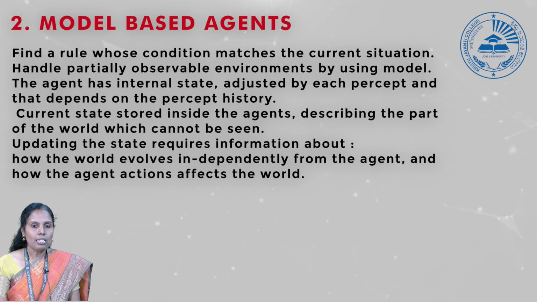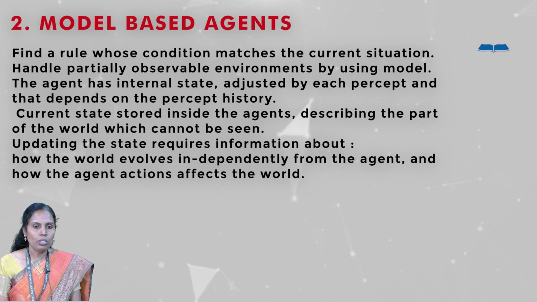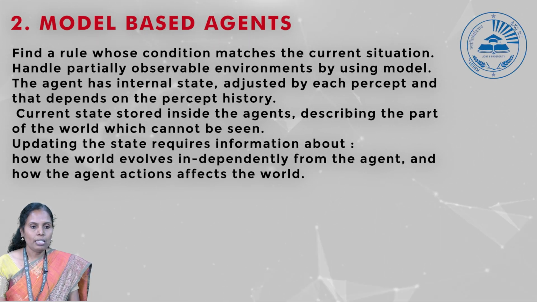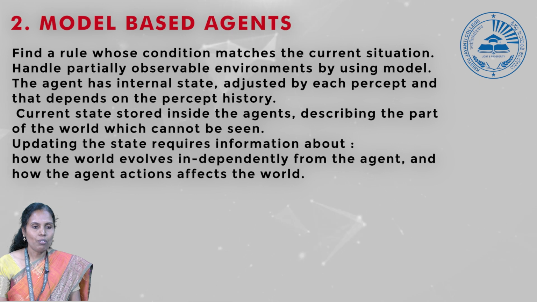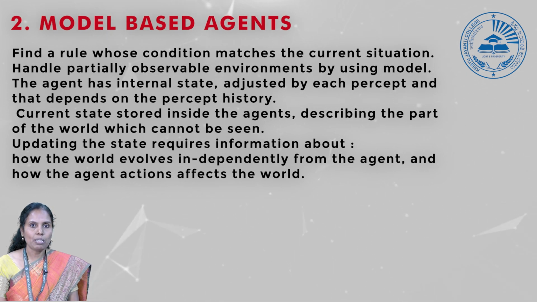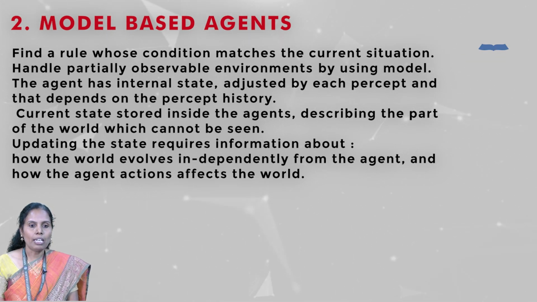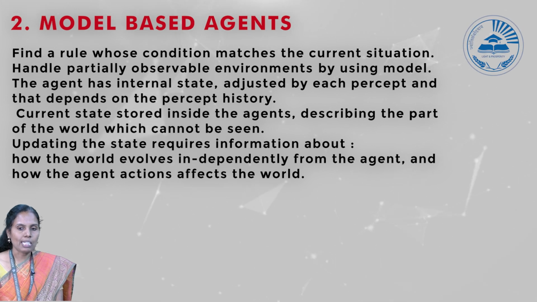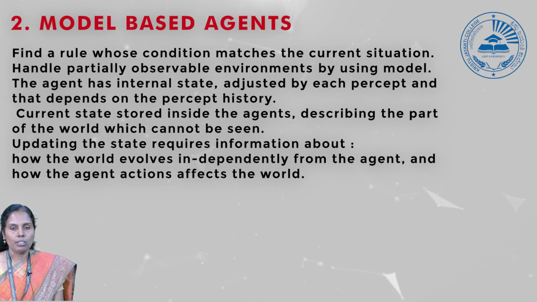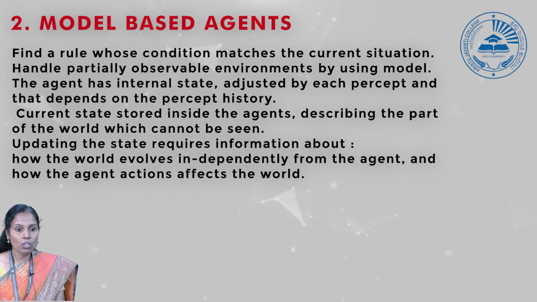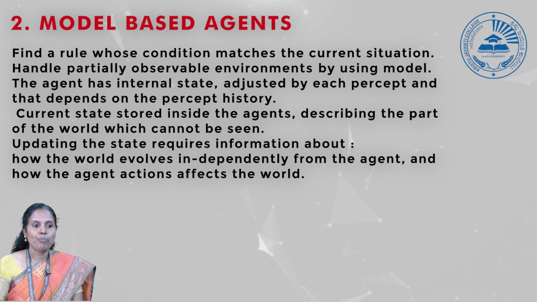The current state takes the partial output, and for the internal state we have to give some model or pattern. So the agent has an internal state adjusted by each percept, and it depends on the percept history. The internal state is stored inside the agent and describes the part of the environment that we cannot see.